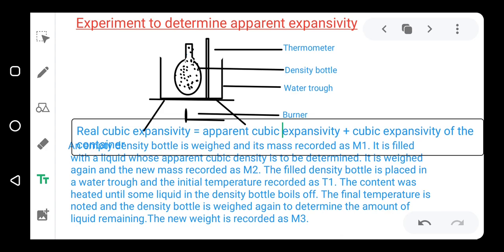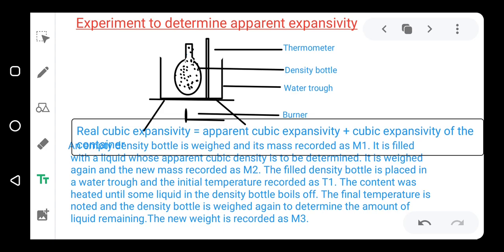We get the density bottle, weigh it empty, and record its mass. Then we put the liquid inside the density bottle and weigh it again. When it is empty, we record it as M1. Then when we fill it with the liquid, we record it as M2.